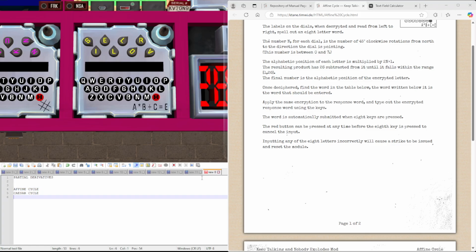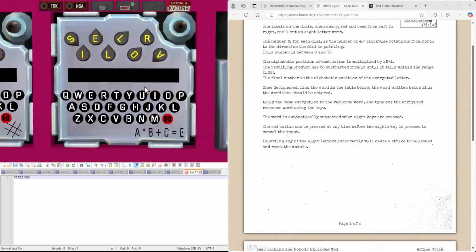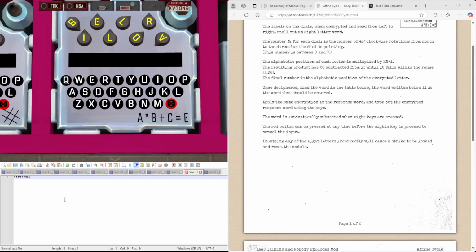So we have SELLORA. Is that O or D? It's O. But it seems actually a lot of these lists are already correct because we have 1, 2, 3, 0, 0, 0, 1, 1, 0, 1, 2, 3, or 5.